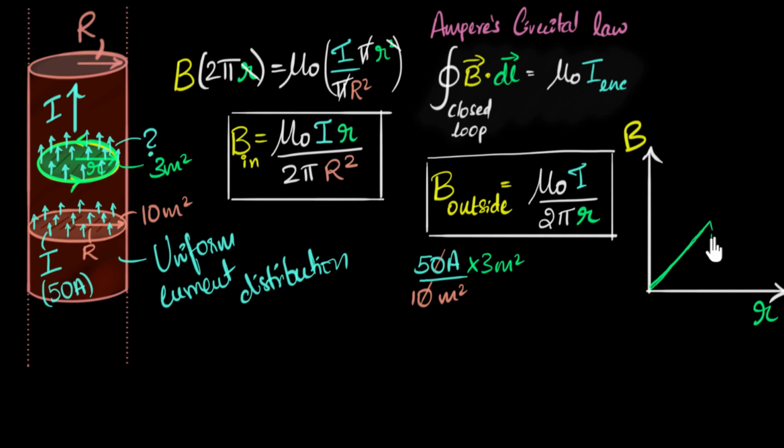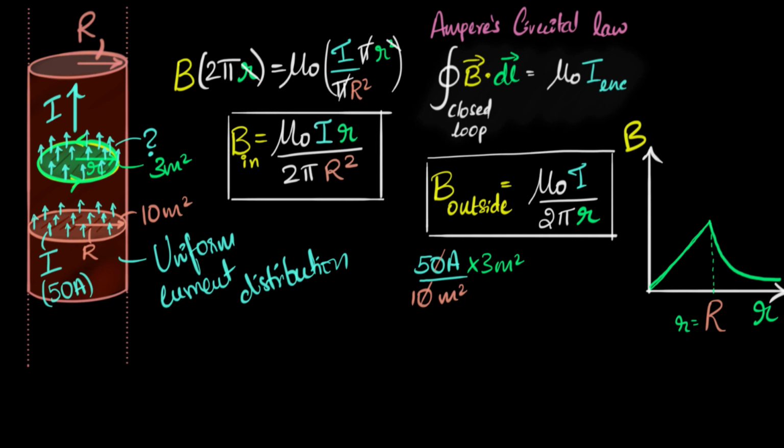So this will be true until r equals capital R. Now, once the r value increases more than that, now I'm outside. And now I have to use this formula, and B decreases as 1 over r. It's no longer linear. You will get a decrease like this.